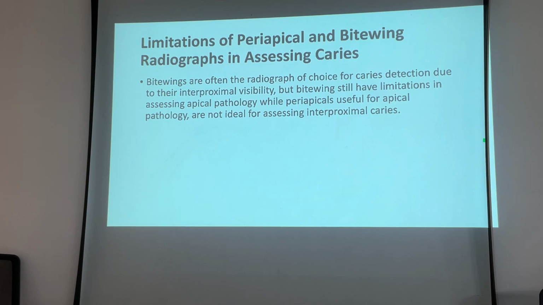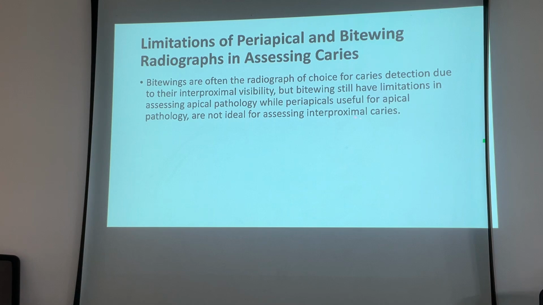But when we evaluate in the clinical examination that the caries is only in the enamel into the dentin, and we are sure that it's only into the dentin, then we can choose bite-wing radiography. Okay, that's all.